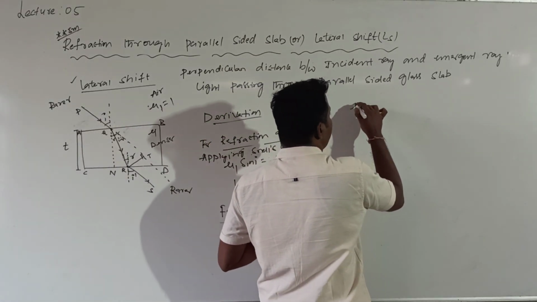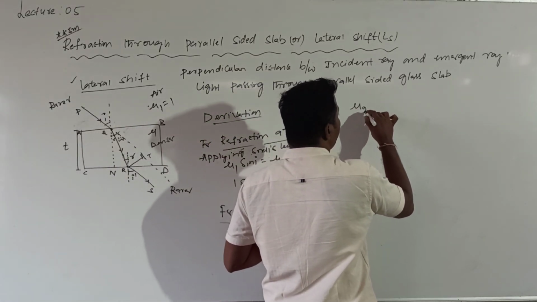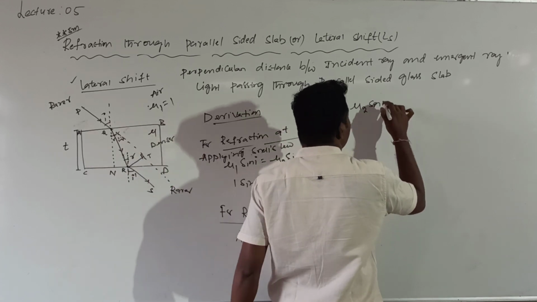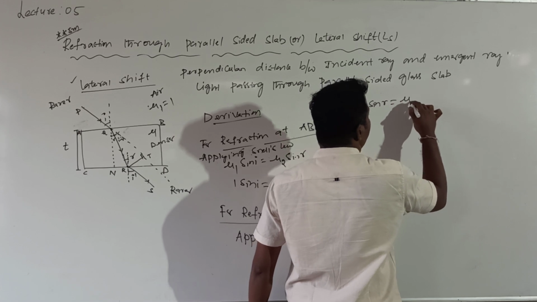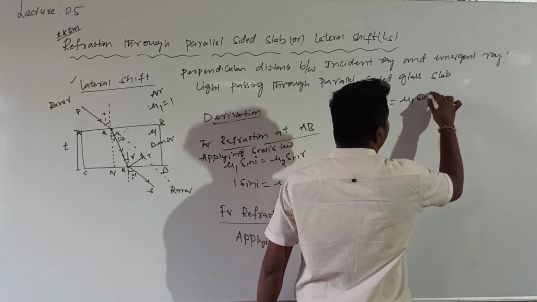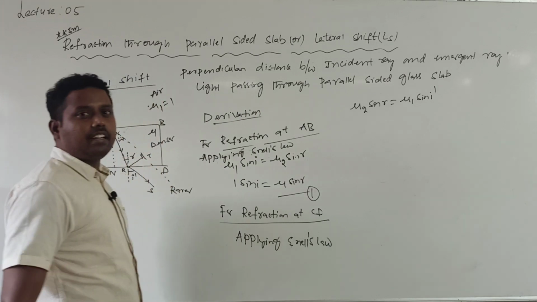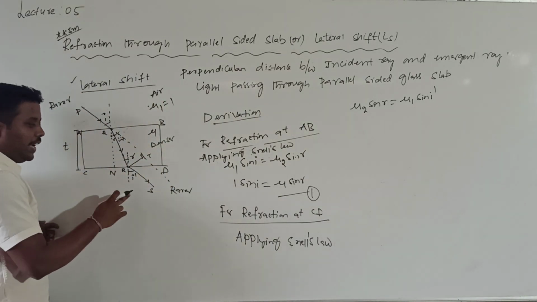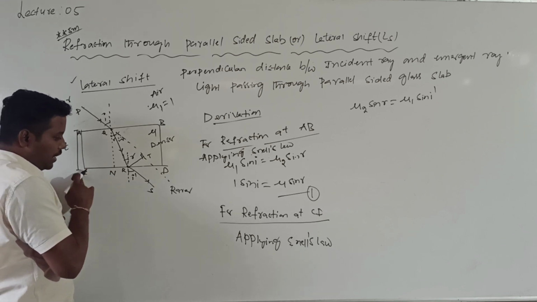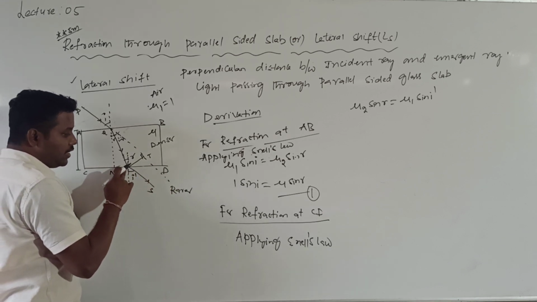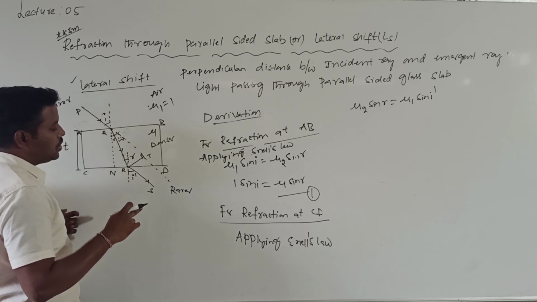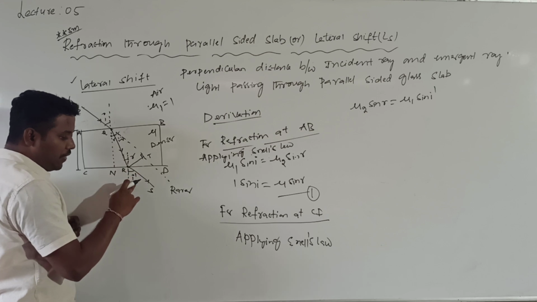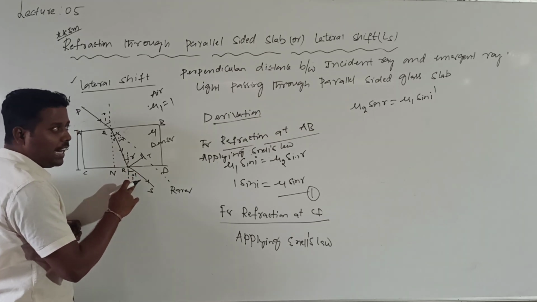Now the refractive index is mu2 into sin R, the angle of incidence here, will be equal to mu1 into sin I dash. Snell's law states the refractive index and sine of the angle, either of incidence or refraction. For this CD, the angle made by the incident ray with the normal is R, and the angle of refraction is I dash.